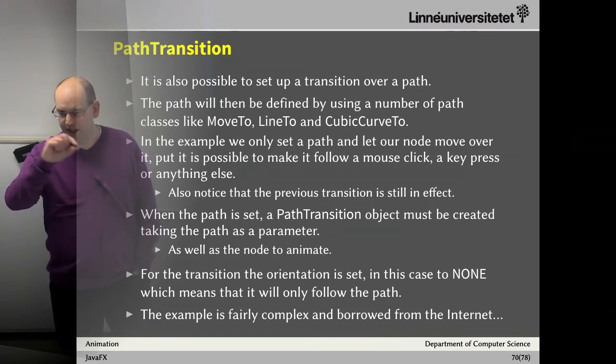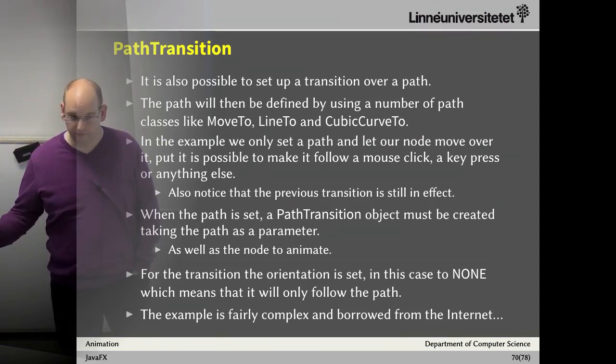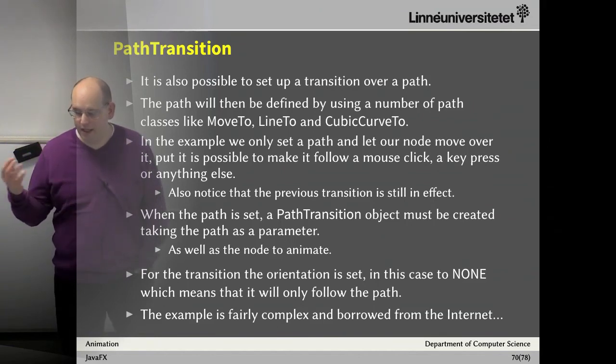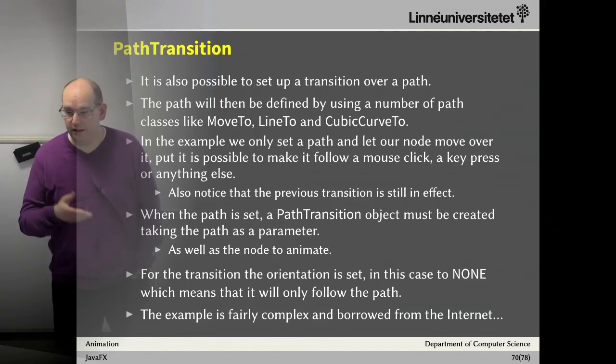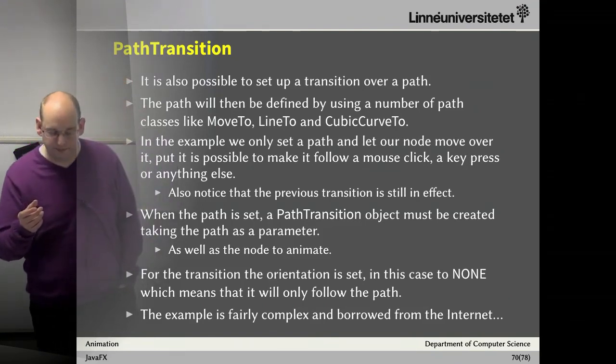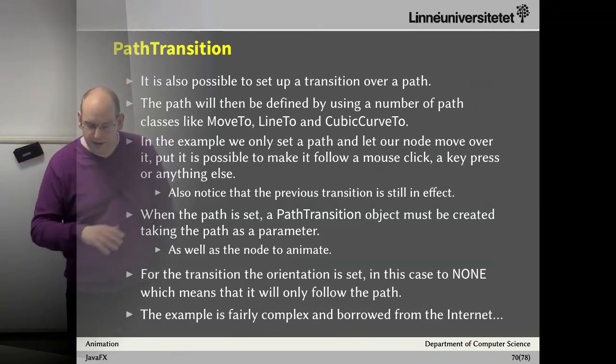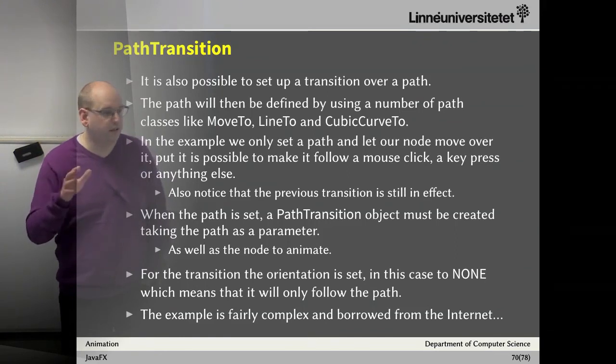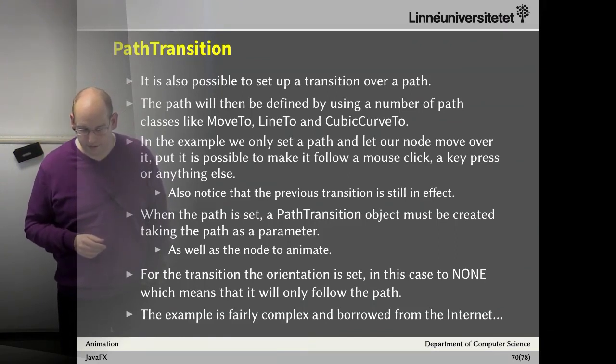You basically set up a path, and whatever object you have, it could be a text, it will again be an image, but it could be a text, it could potentially be a combo box, but I don't know why. And it will move around this specific path.